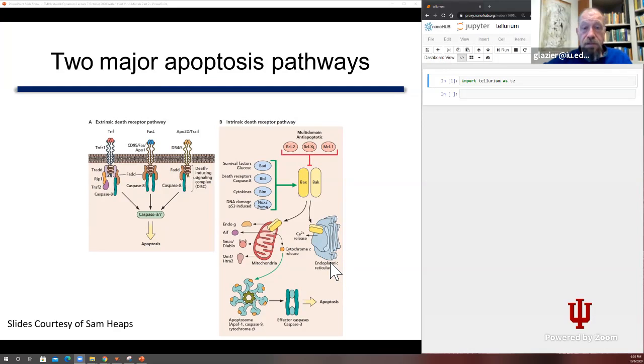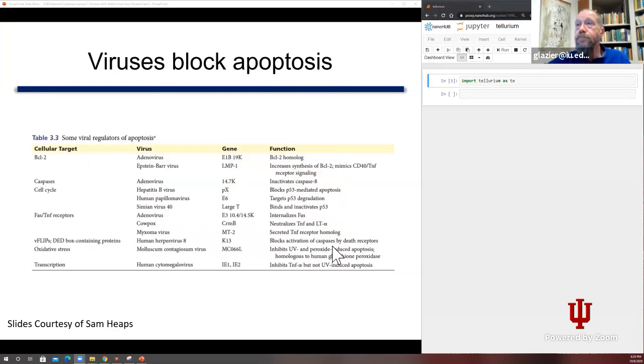In the context of viral infection, these mechanisms are used in slightly different ways. Just as with complement, viruses that are present in humans or other host species that they've lived with for a long time have co-evolved to block these apoptotic mechanisms. If these apoptotic mechanisms are too effective, then the virus can't reproduce.